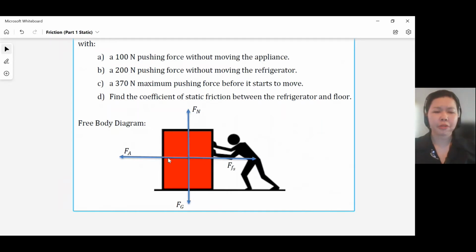To the left is the applied force, since in our figure we have pushed the refrigerator to the left. Fn now is the normal force, which is perpendicular to the surface, and Fg, of course, is going down.